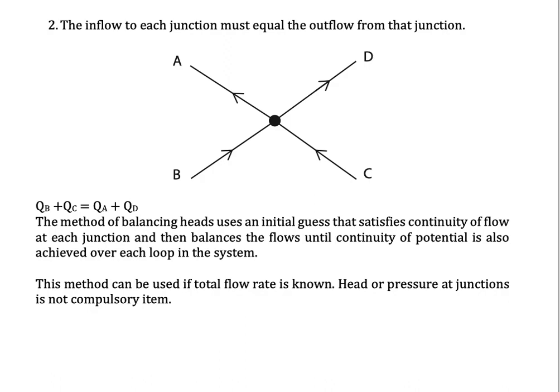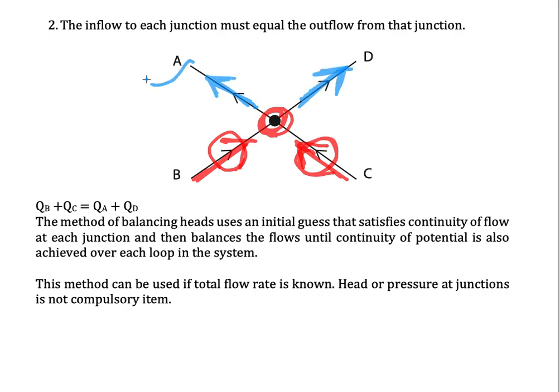The second assumption is that the inflow to each junction must equal the outflow from that junction. It means that at one junction here, the total inlet must be equal to the total outlet. So Q for B plus Q for C must be equal to the Q for A here plus the Q for D. This is the idea of conservation of mass because we are dealing with water.